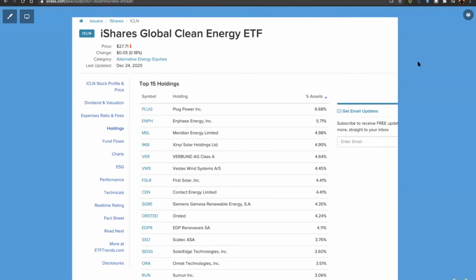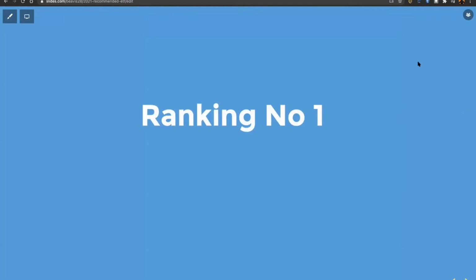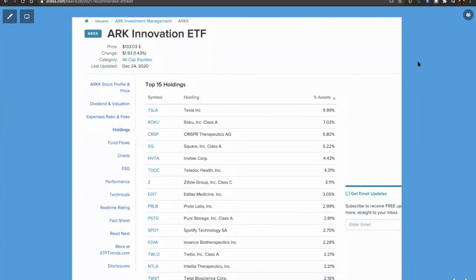So let's go to number one. Number one is ARK. Does anybody know about this ARK? Or does anybody already hold this ARK ETF? ARK is the superstar this year. The structure of the stocks is Tesla, Roku, Square, Teladoc, all of this.